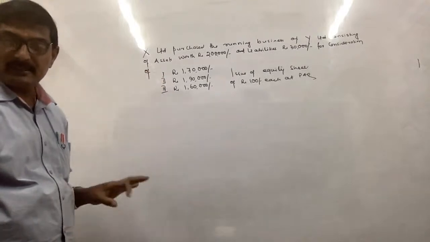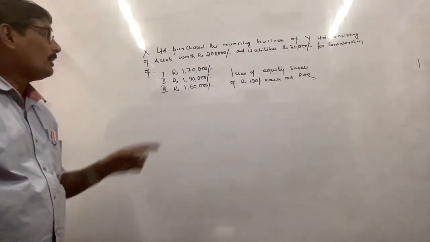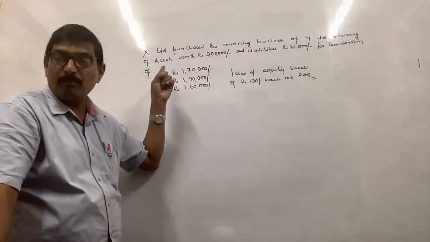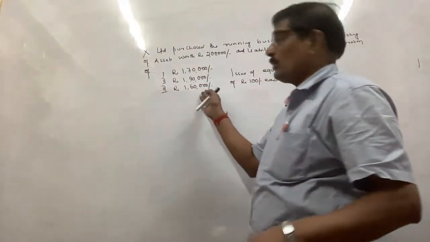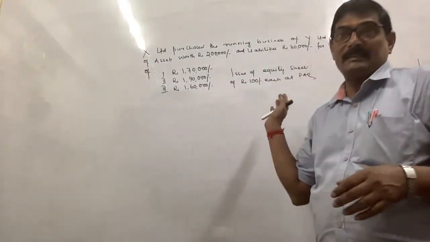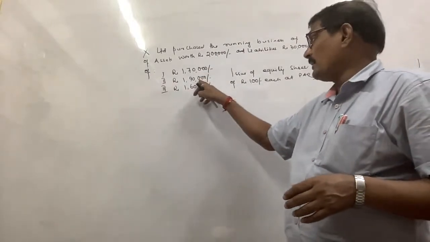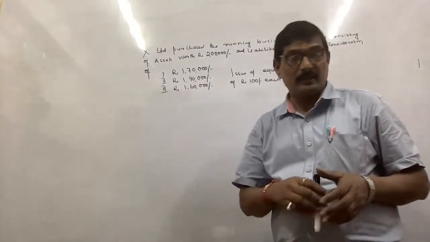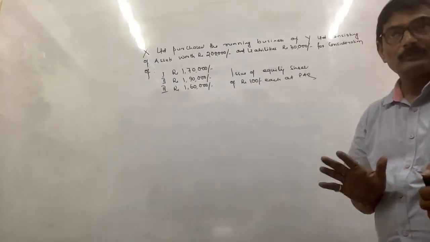And in the third case, it has been agreed to pay 1,60,000. Means in case 2, we are paying 20,000 more. And in case 3, we are paying 10,000 less. Here we are gaining and here we are losing and here we are gaining. Right? Got it?